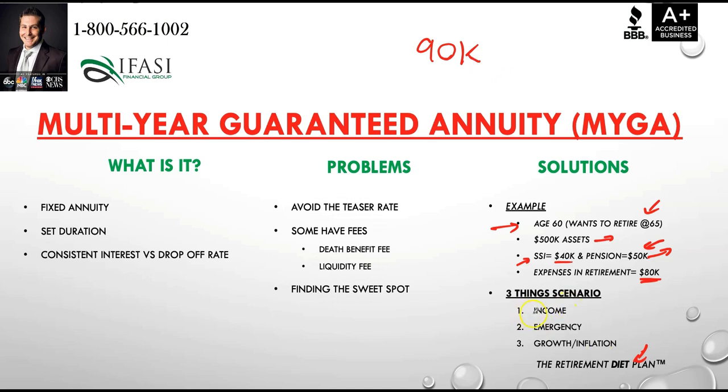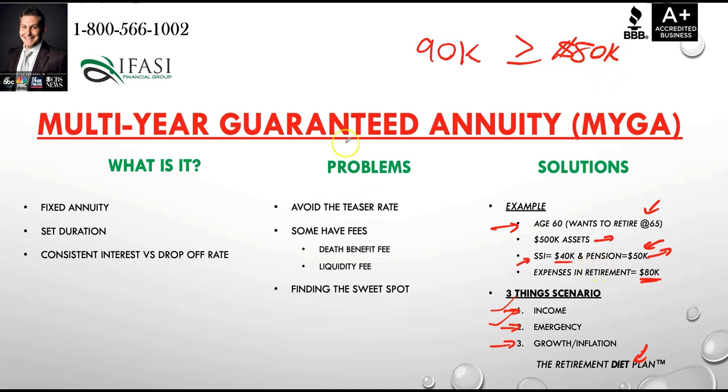If we're looking at the 3 thing scenario, we always want to make sure step 1 is accomplished before we can move on to step 2. We want to make sure that step 1 and 2 are accomplished before we can move on to step 3. So in this situation, the income, in order to accomplish step 1, we need to make sure that his guaranteed income sources, his cash flow, is going to be greater than or equal to his expenses, which we understand after doing budgeting analysis is $80,000.